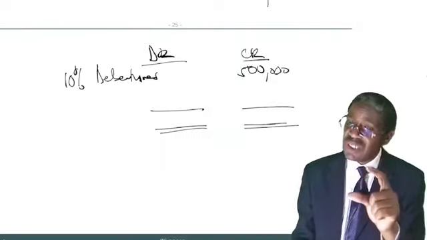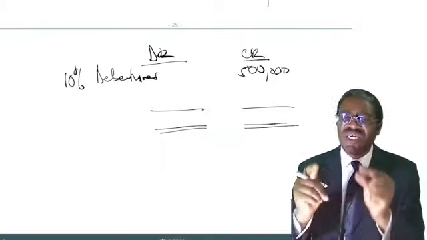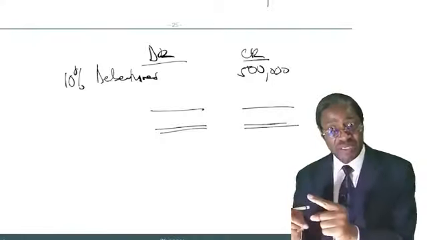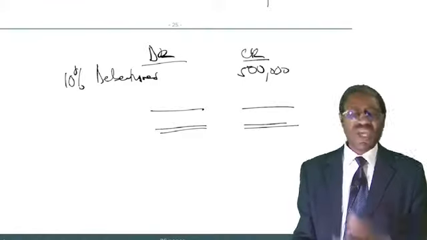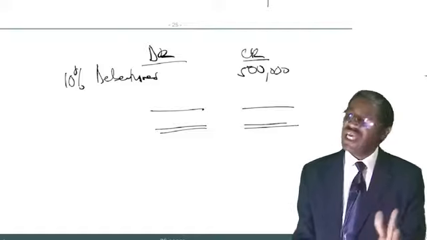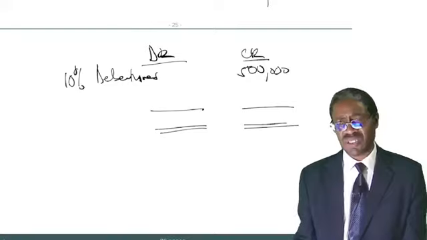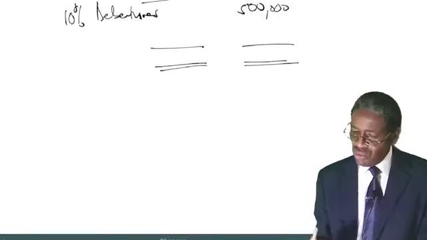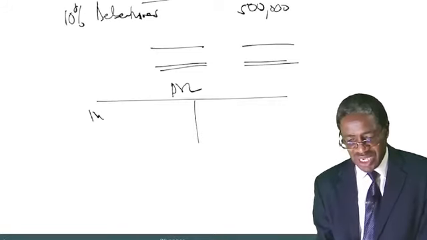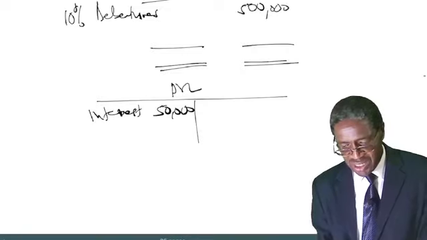The accrual concept states you recognize costs when they are incurred, but not when money is paid. According to this trial balance, we have paid nothing for interest. But are we supposed to pay? Yes. Every year the debenture holders are entitled to 10% of their money as interest. So when I'm preparing the profit and loss for the company, I must charge interest of 50,000.